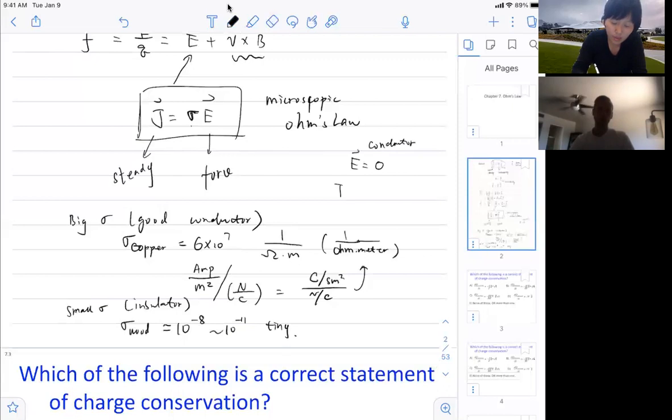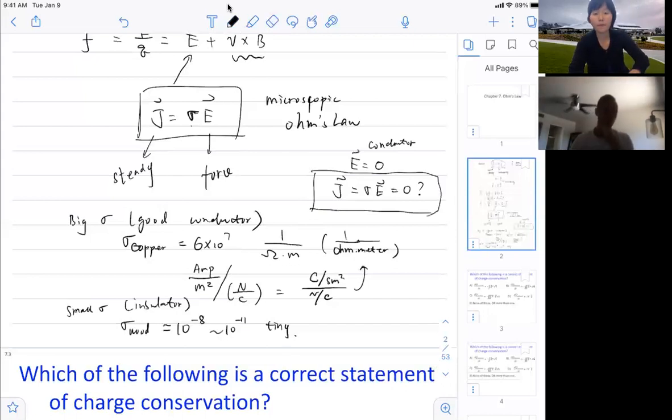Does it mean that J would always be 0 inside a conductor then? That doesn't sound right. But that's for stationary charges, right? It just means that E being equal to 0 doesn't mean that the current density is 0. It just implies that it's constant.